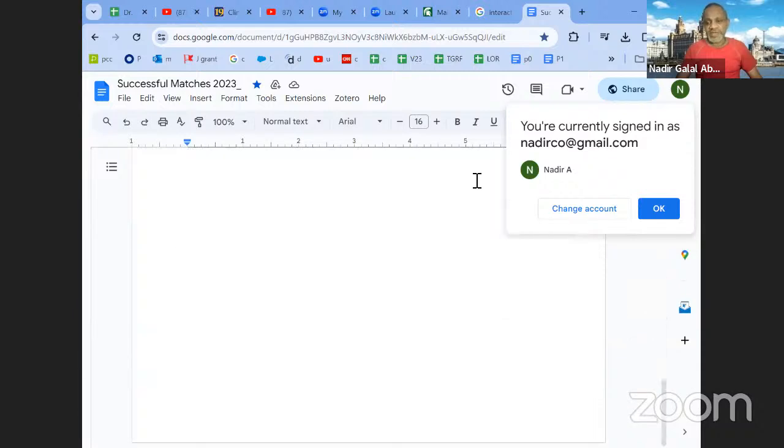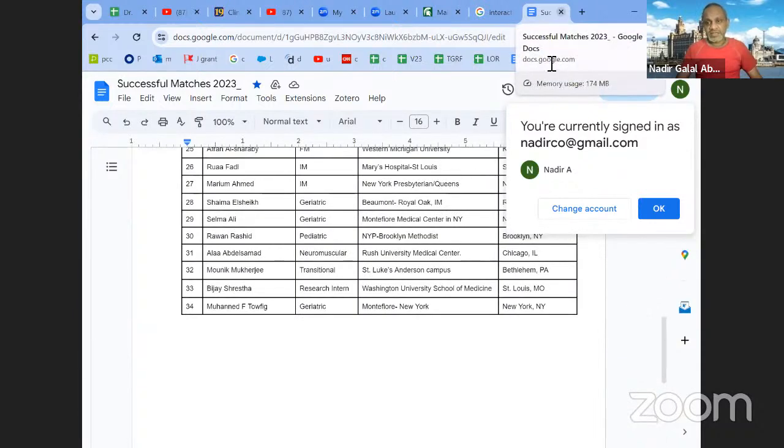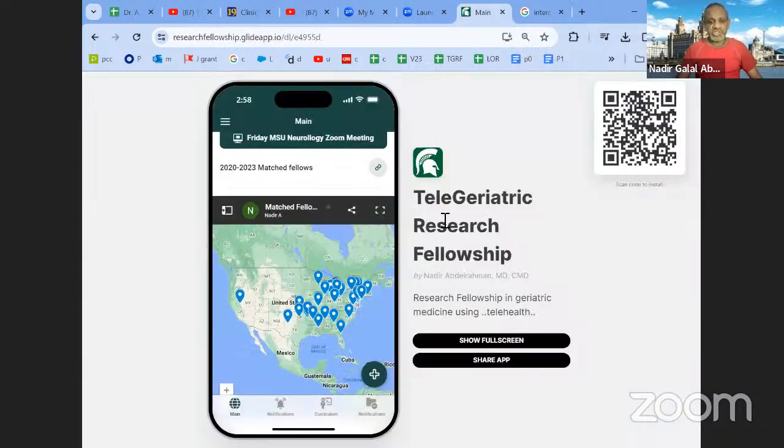And then I converted that to an Excel sheet. So I just copied and pasted that into an Excel sheet. And I went to Google Maps, and there is a way to have your own map. So what I did, I created that map and I added the list from the Google Sheet.